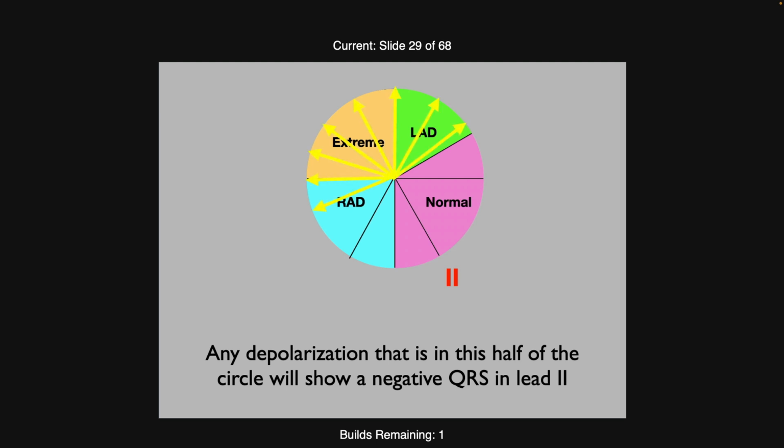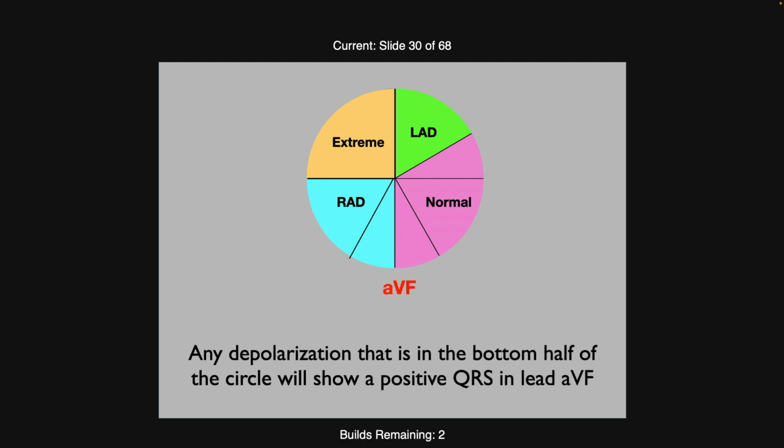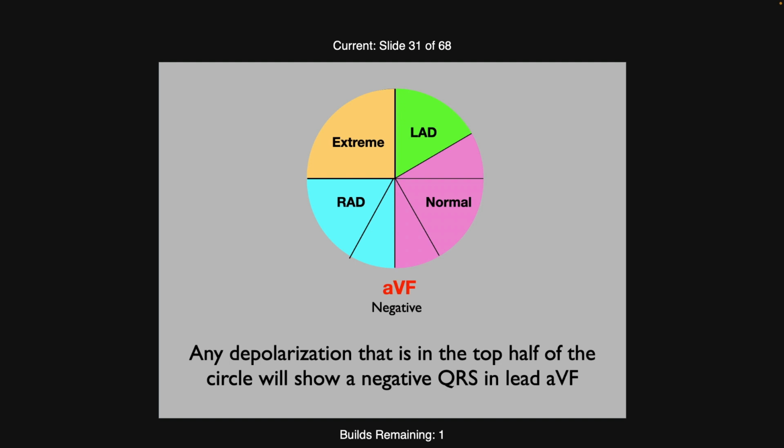Is everybody following the logic of this? Because if you don't understand this, you're not going to understand axis. Okay? Our third lead that we use is AVF. So anything in that lower half is going to be positive in AVF. And anything in the upper half is going to be negative in AVF. Okay? Okay.